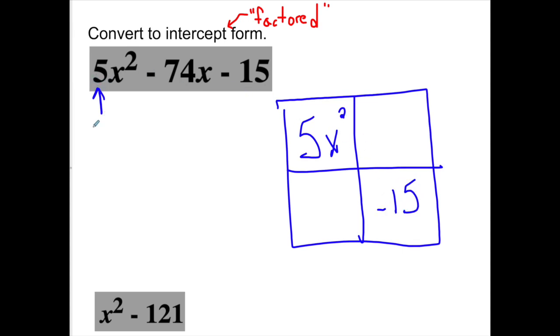Now, 5, like I said, is prime. So the only positive whole numbers, we'll work with positives, that are factors of 5 are 1 and itself, 1 and 5. So I'll put 5x and x, and we can see that by multiplying these two, we get 5x squared.